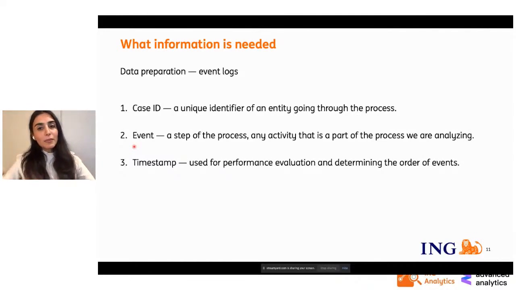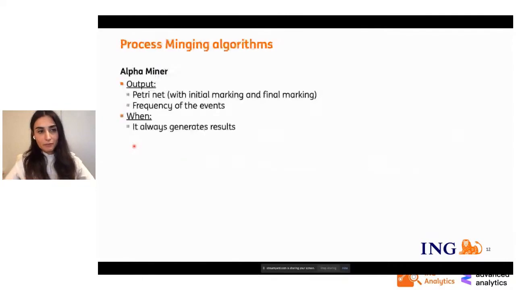I want to talk a little bit about the algorithms of process mining in the next topic. These algorithms, like any other machine learning or artificial intelligence algorithms, process or analyze a set of data and produce some output out of it.